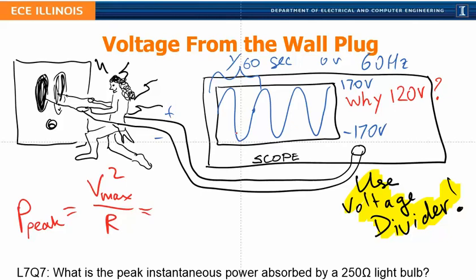And as you can see from the waveform, the maximum voltage is 170 volts, so it would be 170 squared divided by the resistance of 250 ohms. And you would find that it's about 120 watts or so.